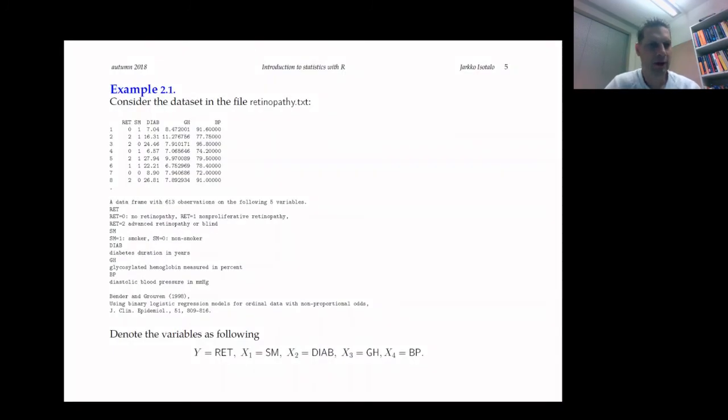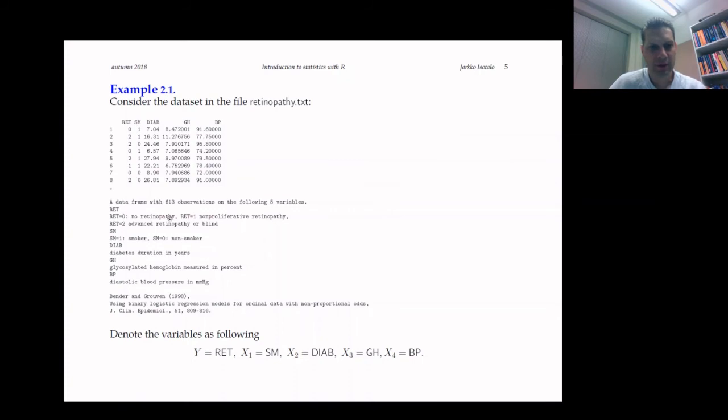Now, after we have learned something about frequency tables and cross tabulation, let us consider this example 2.1, where we consider a data file called retinopathy, with more than 600 observations of persons who have been diagnosed with diabetes, and they are classified by whether they have this eye-related illness called retinopathy or not.